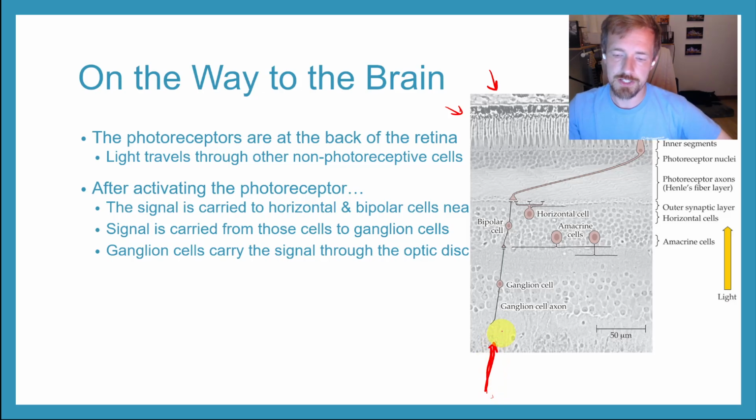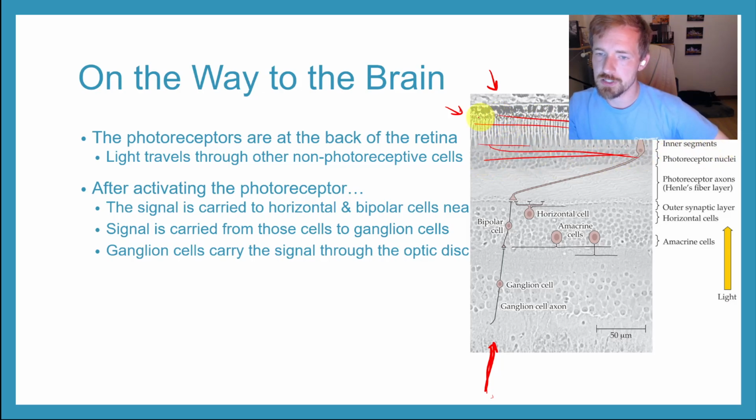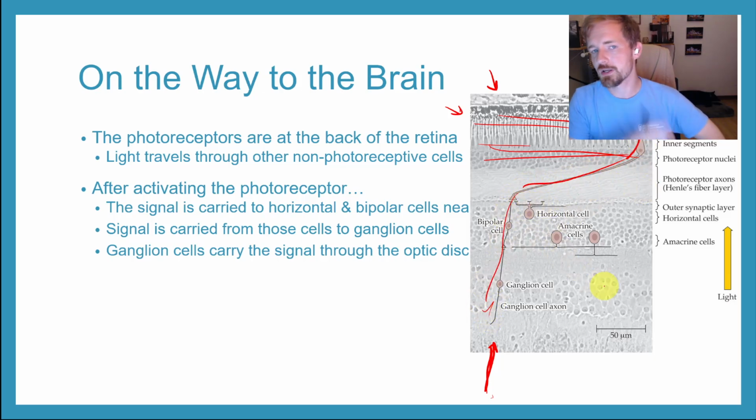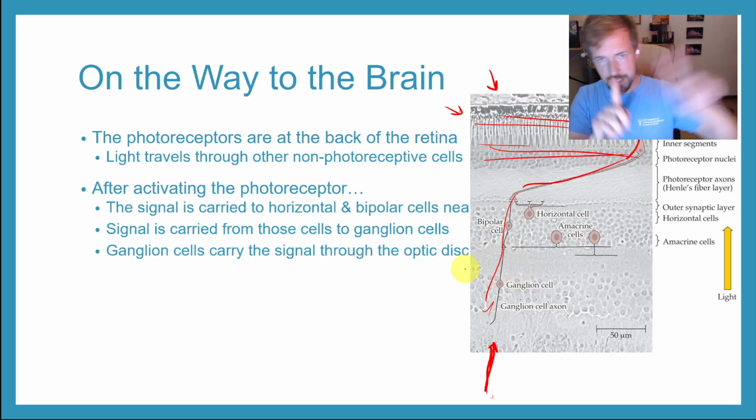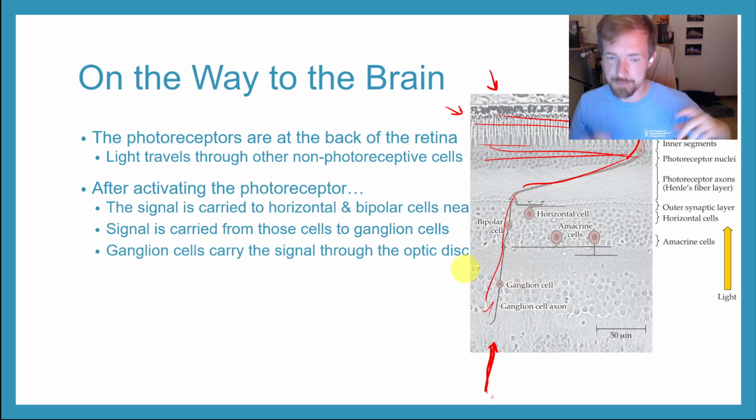So that light, it just goes straight through this tissue, and then it's detected by these photoreceptors back here, and then from there, it works in reverse, and it sends that signal over this way. So it sends it this way, then it kind of synapses onto horizontal cells, which can kind of spread out that visual information, or bipolar cells, which connect with the ganglion cells, which are the axons that are going to travel outside of the optic disc.